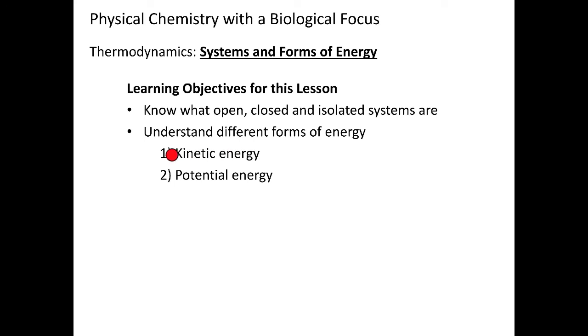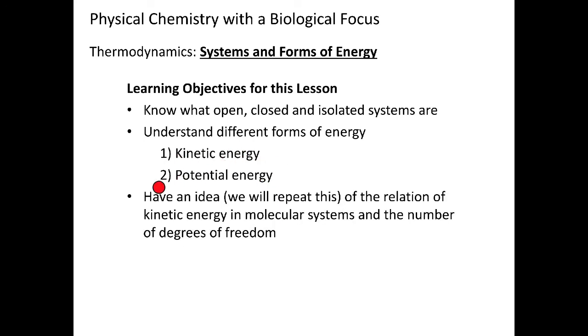What does it look like in a molecular system? I briefly explained how the kinetic energy in molecular systems is related to the number of degrees of freedom, but as I said, you should have an idea about this, and we will repeat this later.